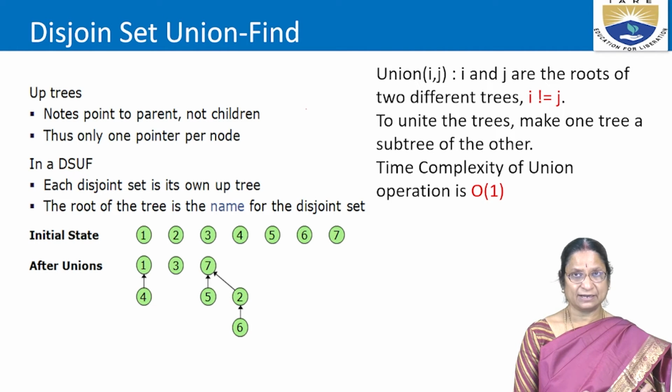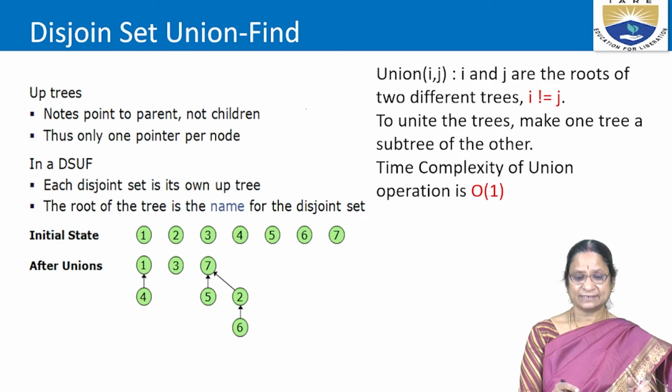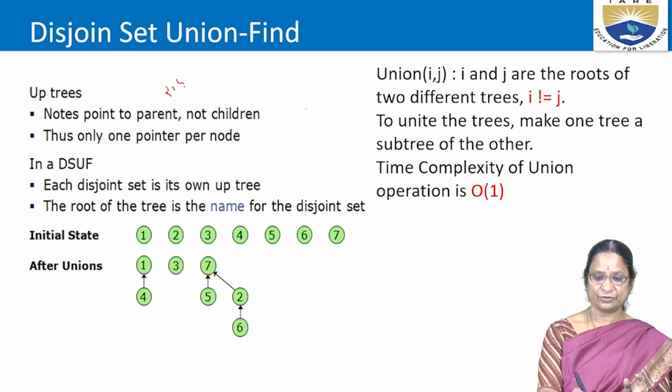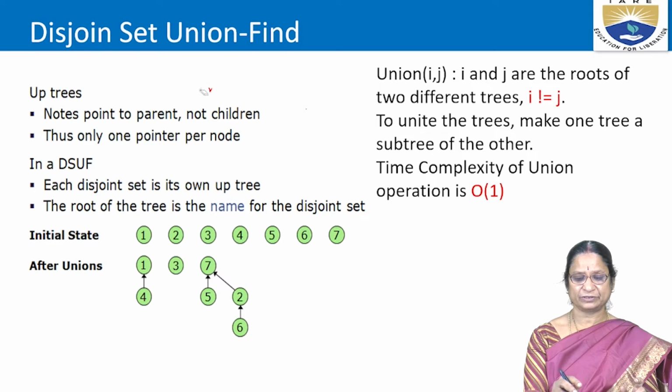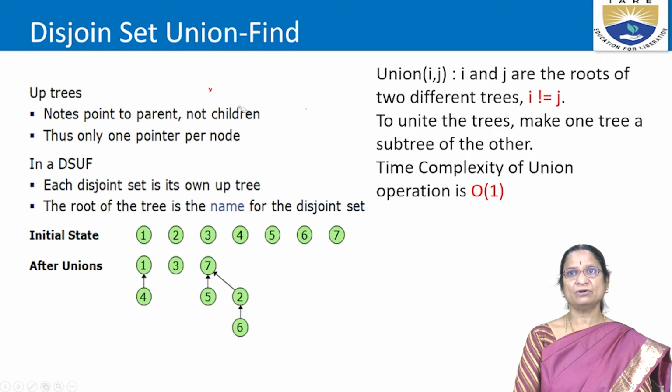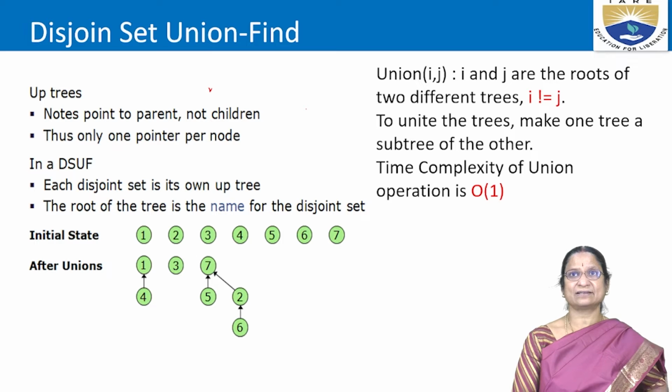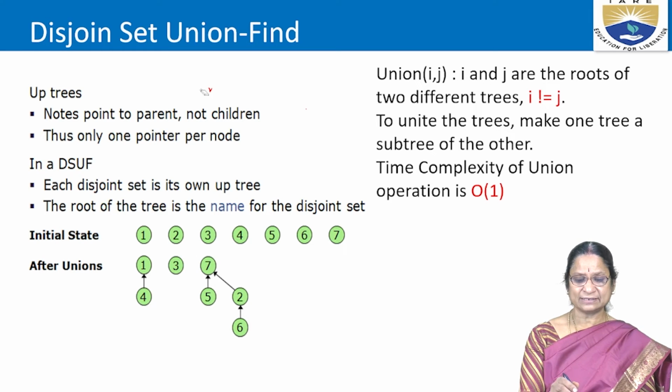For example, let us assume that I have 7 different sets. That is set 1. 2 is another set. 3 is another set. Like that, each element is one set individually. Let us assume that initially I have 7 disjoint sets, and I want to make a single set.